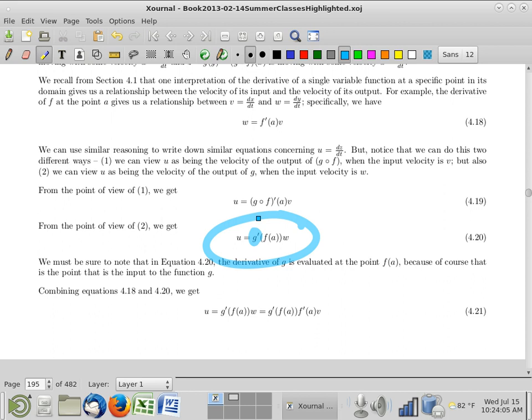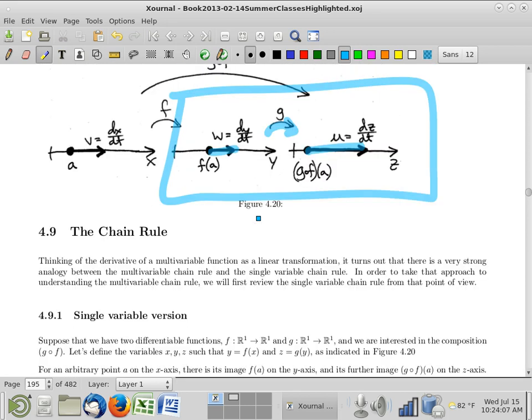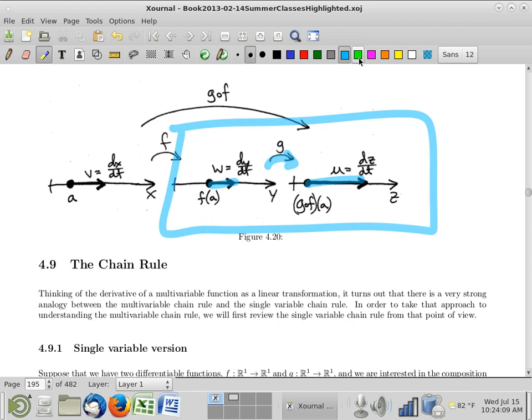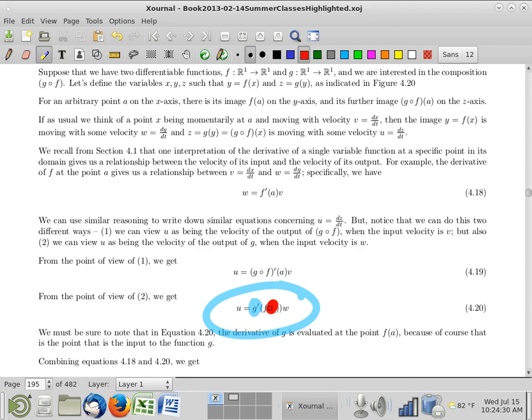Fine, no problem. Where is this g function evaluated? Well, g is evaluated at that point, f of a. Got nothing to do with a. Right? So importantly, g prime is not evaluated at a. That doesn't make any sense. g prime is evaluated at f of a. And that's why, whoops, my color wrong. That's why this is there.